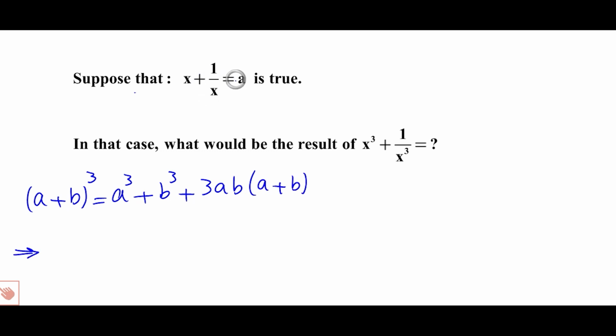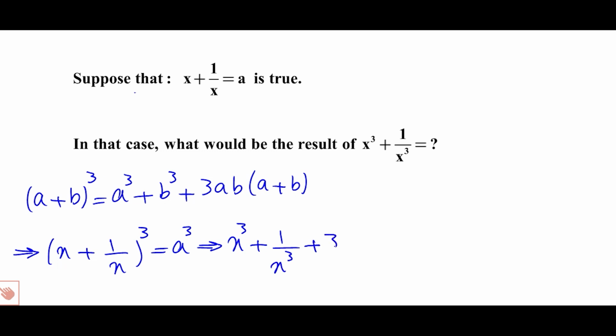So based on this expression, x plus 1 over x whole cubed is equal to a cubed. So x cubed plus 1 over x cubed plus 3x times 1 over x times x plus 1 over x is equal to a cubed.